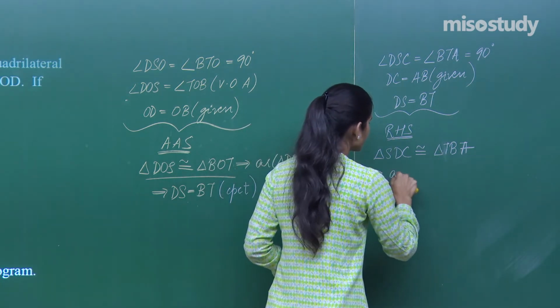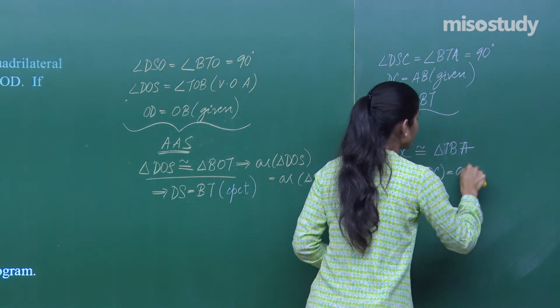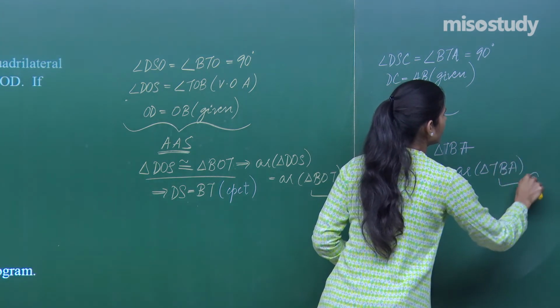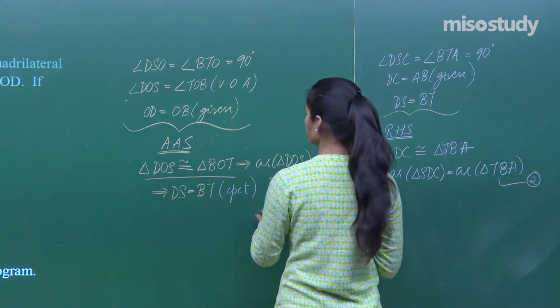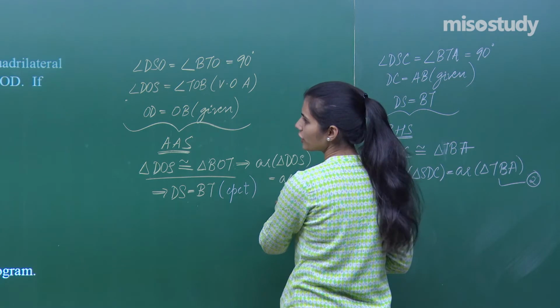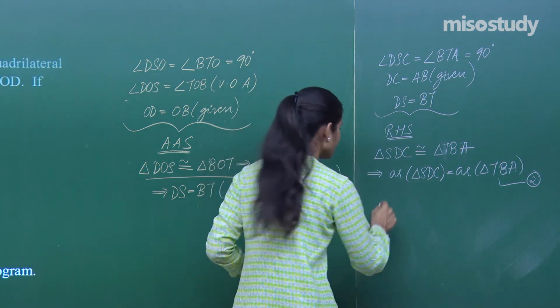If these two triangles are congruent, this implies area of triangle SDC is same as area of triangle TBA. Add 1 and 2, what do you get? Here you have area of triangle DOS is same as area of triangle BOT, and here you have area of triangle SDC same as area of triangle TBA.